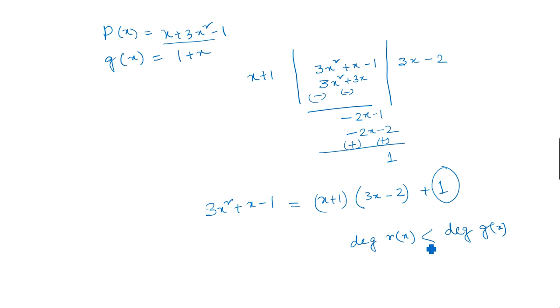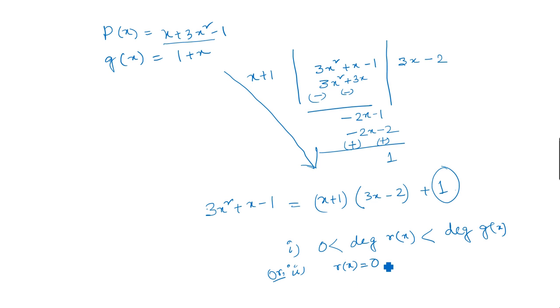If the degree is equal to or greater, we can perform this procedure, what we have written here, once more, right? So the degree of R(x) will always be less than the degree of G(x). Another possibility is R(x) is 0.